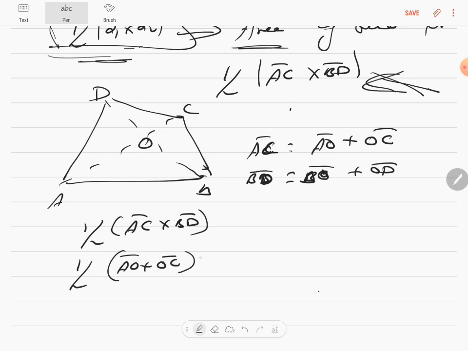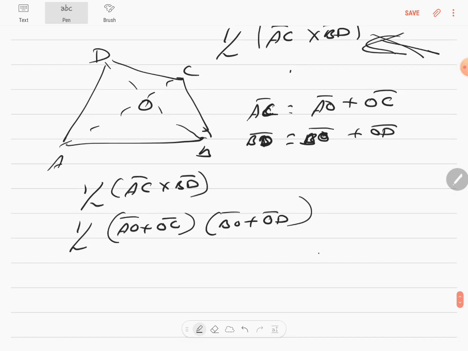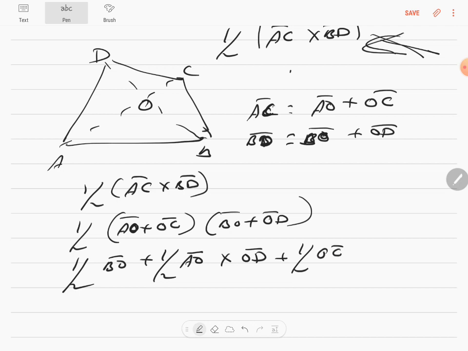AO plus OC, cross BO plus OD. So now I'll explain what has been done.